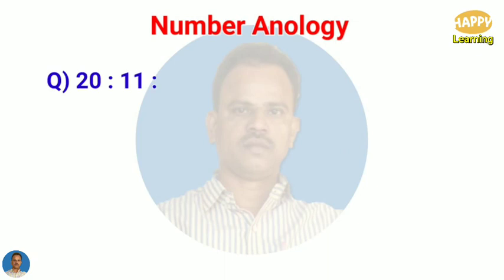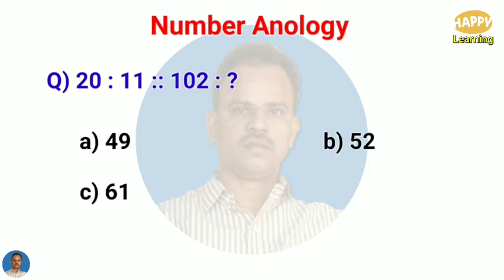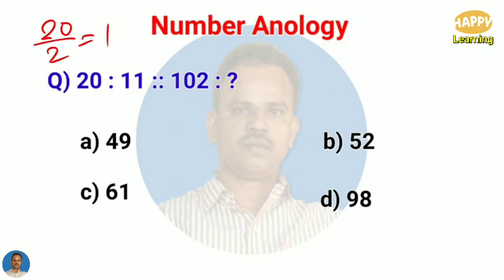Next question. 20:11 is same as 102 dash, and the options are 49, 52, 61 and 98. See, 20 to 11, so almost half value. 20 by 2 equal to 10.